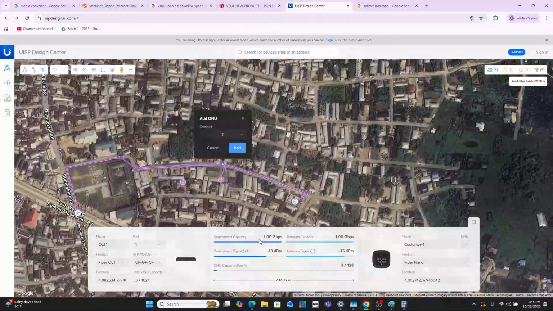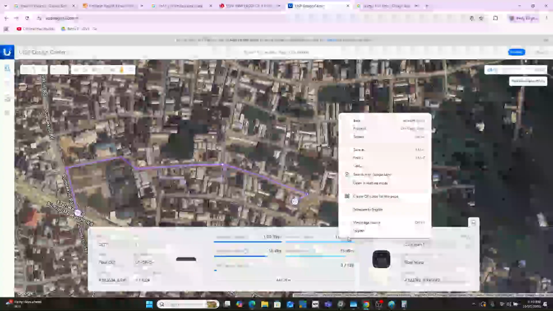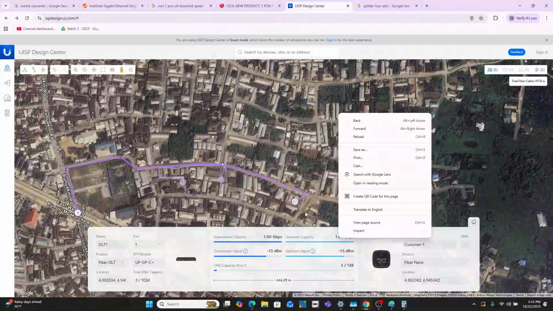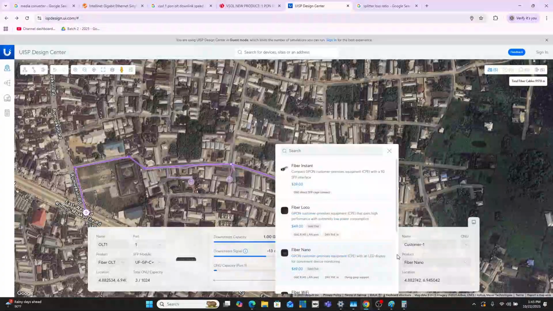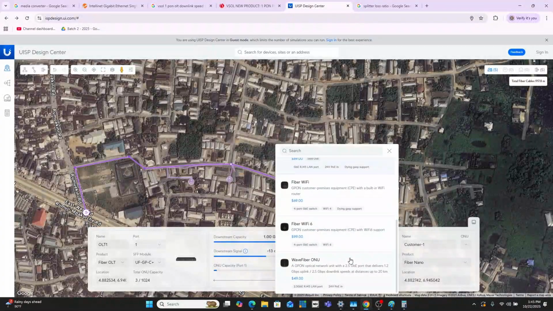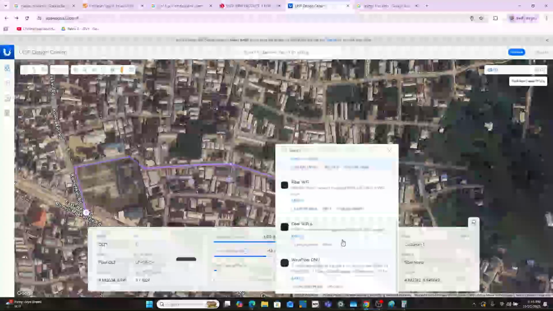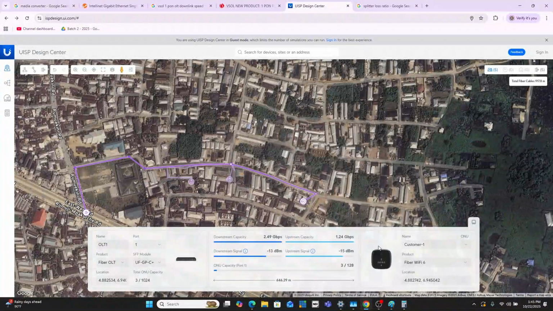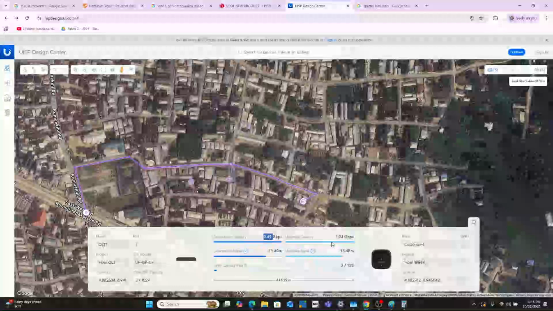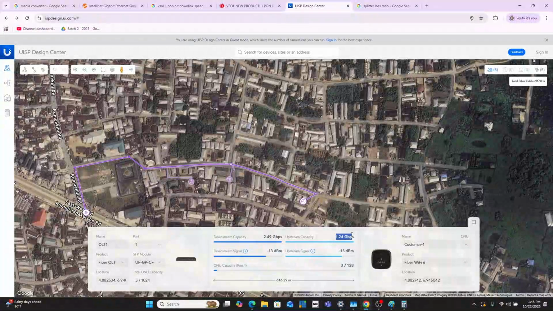So the downstream capacity is 1 gig, that's download speed, and upload speed 1 gig, based on Ubiquiti's product. They even have different kinds of products that they use for customers. For example, their best offering is, I think, Wi-Fi 6. This is their best offering. In Wi-Fi 6, do you see the downlink 2.5, uplink 1.25?